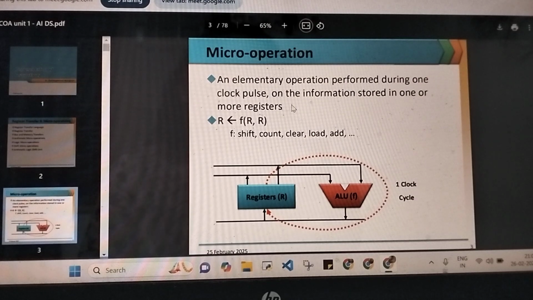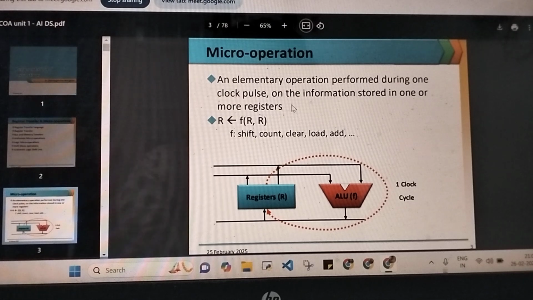So a micro operation is the smallest possible unit of any activity you ask the computer to do. For example, coming back to our same sum of two numbers example, for us it is a one line code, C is equal to A plus B, but that involves so many sub steps.